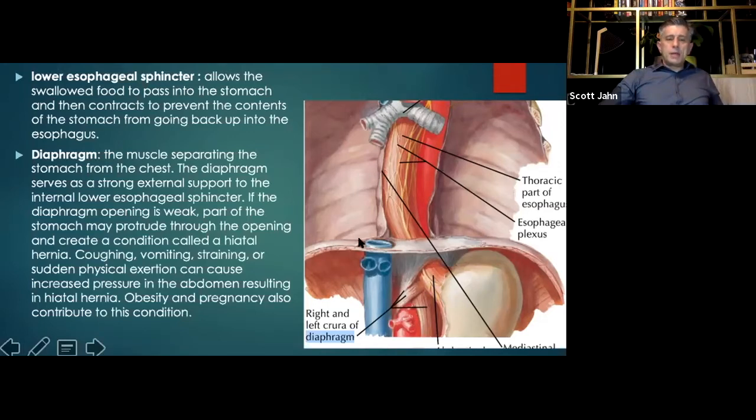Now, if the diaphragm's not working properly, these crura can malfunction, and we can get part of the stomach to slip up into the diaphragm.